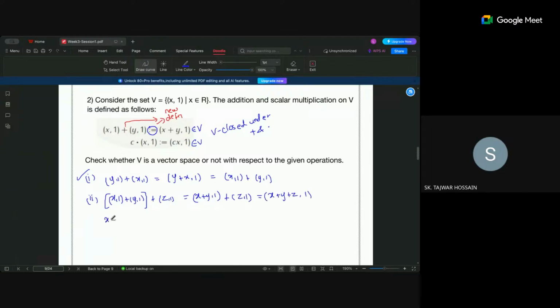Now I am going to write x comma 1 separately, and I will first add y comma 1 with z comma 1, which will give me x comma 1 plus y plus z comma 1, which is x plus y plus z comma 1. So this property also, you see both are equal. Yes, ma'am. So it's associative.